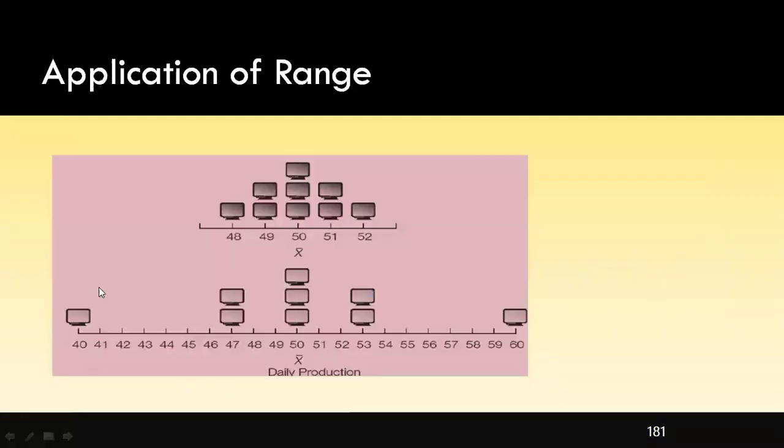The same thing is applicable here. If you exclude the 60 down to 11, these are almost closer, including this one. Maybe this one is also an outlier; remove the two outliers and these values are somewhat closer. So the range is sensitive to outliers.